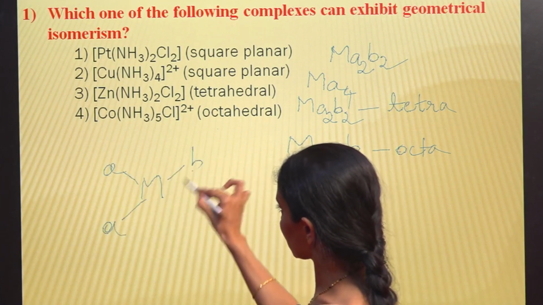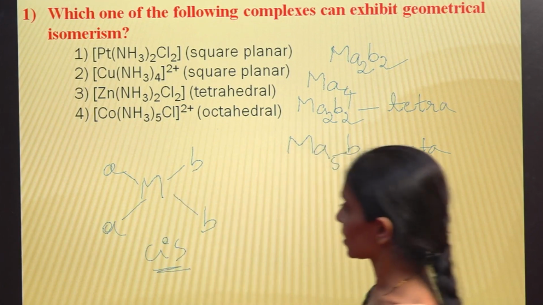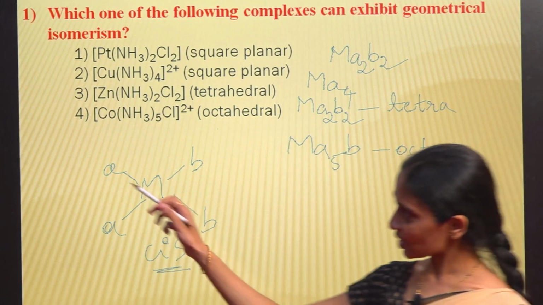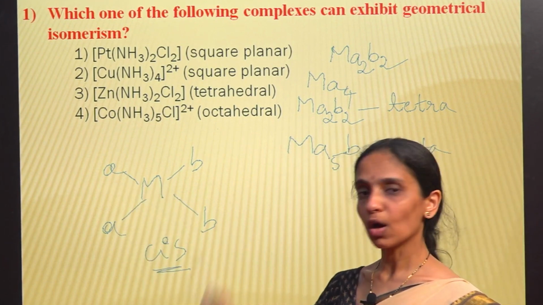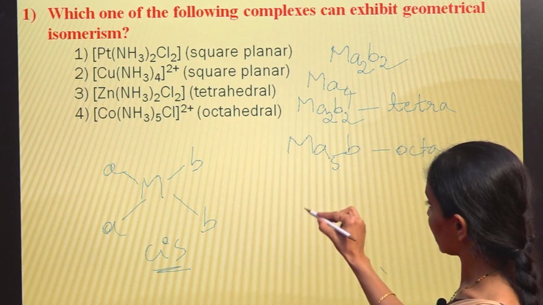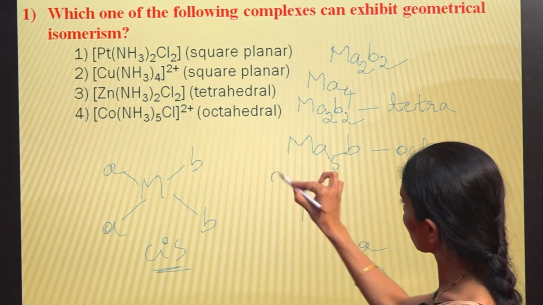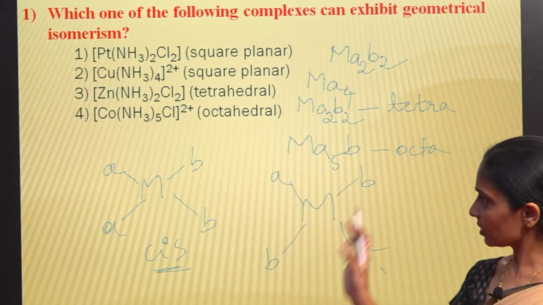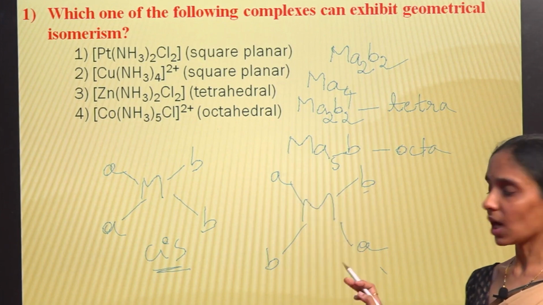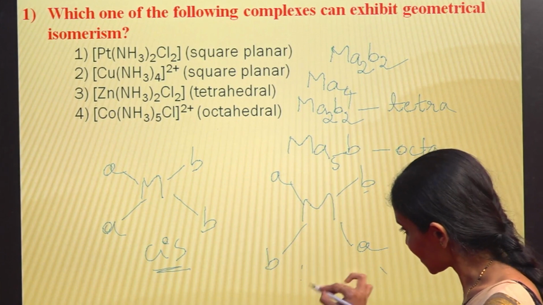this is the cis isomer, two same ligands are on the same side of the metal, and the trans isomer is this, where the two same ligands are on the opposite sides of the central metal.